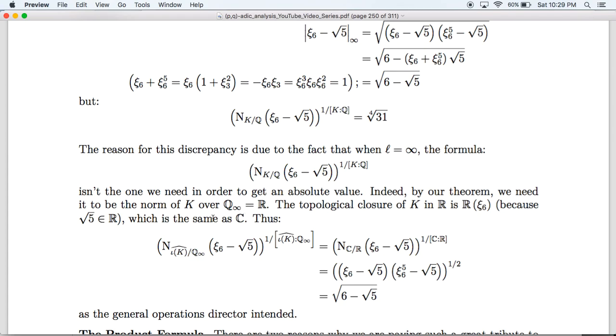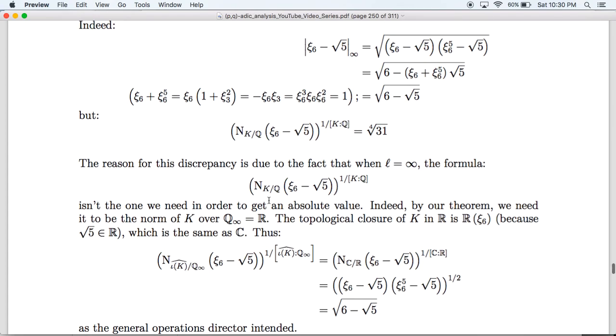Here, L is infinity. The L-adic completion of Q is R, and the algebraic closure of that, QL bar, is C. So we're going to pick iota to be an embedding of K in C. Then we're going to complete that with respect to the absolute value of C. And then here, this is going to be Q infinity.